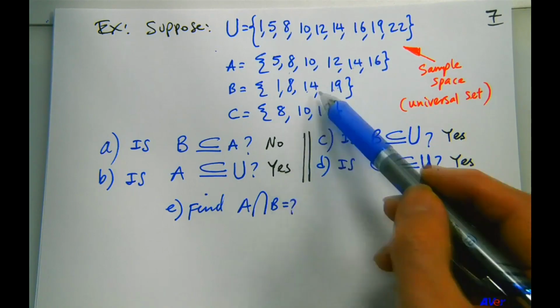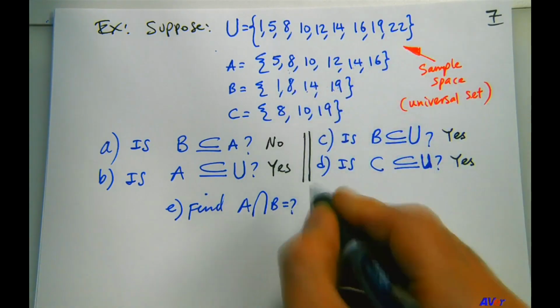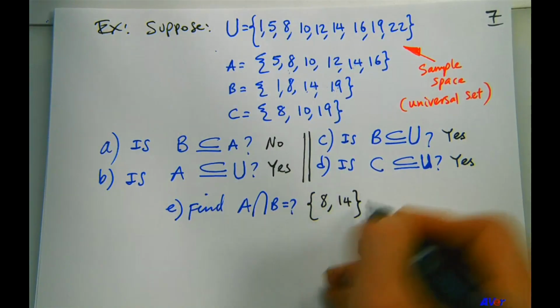So A intersection B would be 8 and 14 only, right? So 8, 14.